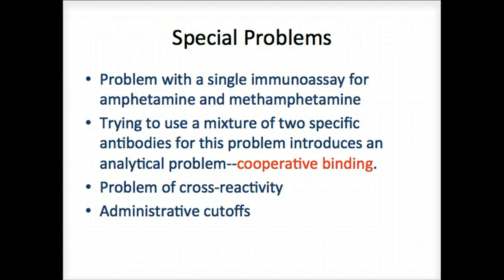Different immunoassays have different cross-reactivities to common metabolites of the target drug. For some urine samples, one manufacturer's assay may be negative and another positive, even if both have the same cutoff for the target drug. So over the years, immunoassays have, in general, been manufactured to be more specific to address this problem.